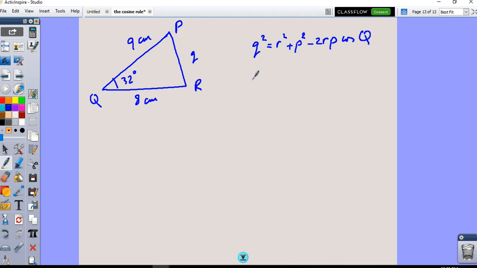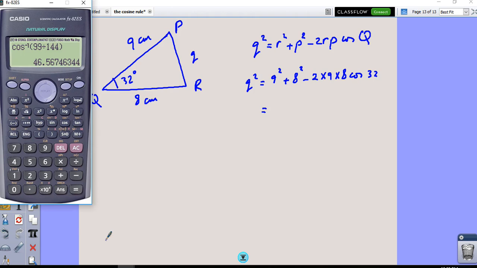Substituting, q squared would equal 9 squared plus 8 squared minus 2 times 9 times 8 cosine 32. And this equals 81, that's 9 squared, plus 64, that's 8 squared, minus 2 times 9 times 8 cosine 32.